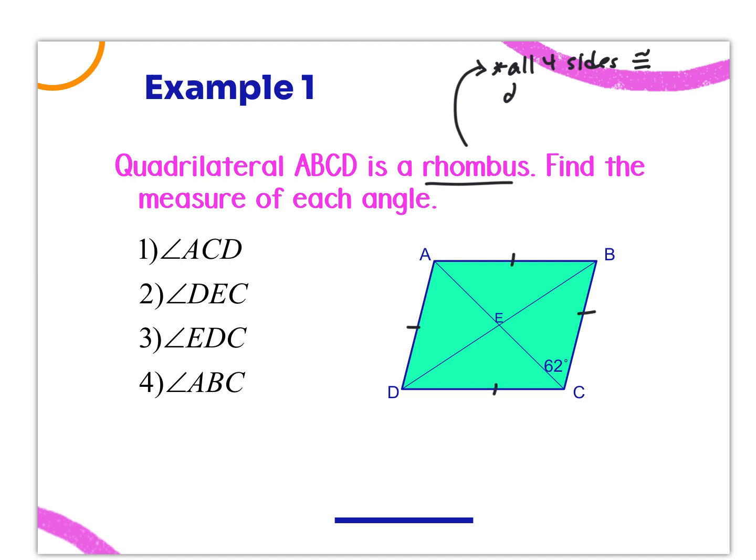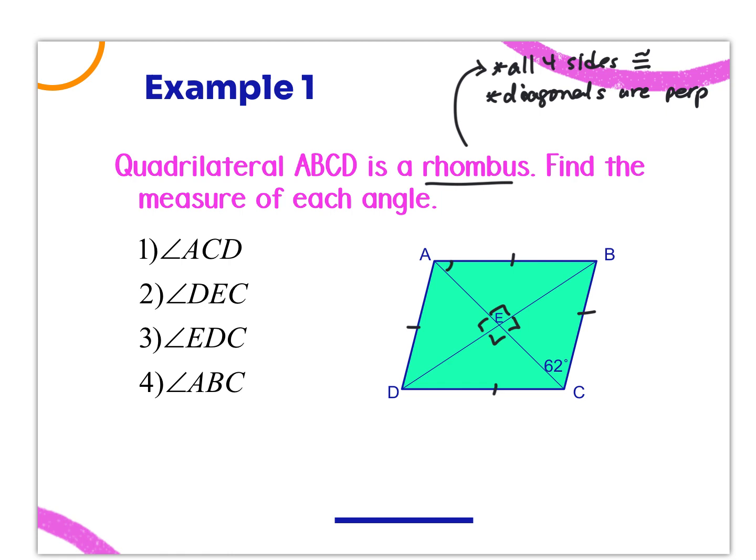Okay? Think about all the things you know about the diagonals. Diagonals are perpendicular. So you know this angle and this angle and this one have to be 90 degrees. And lastly, you know that the diagonals are angle bisectors.